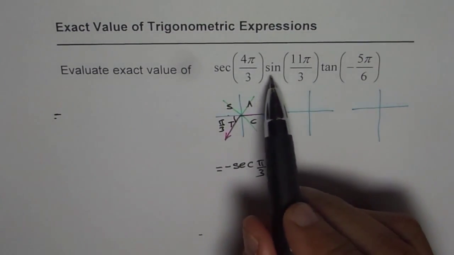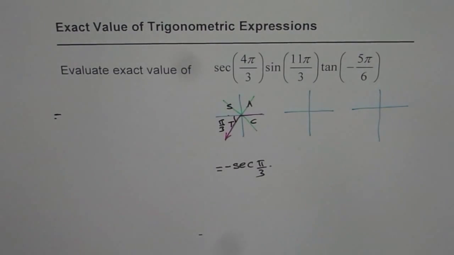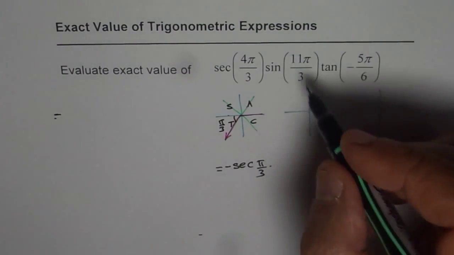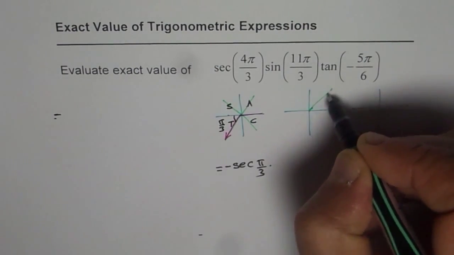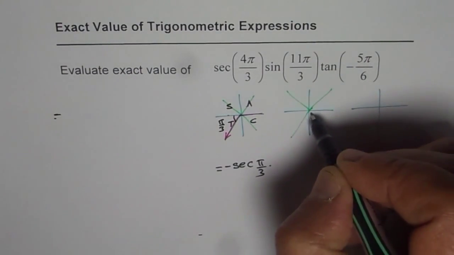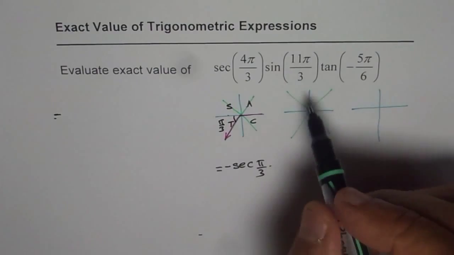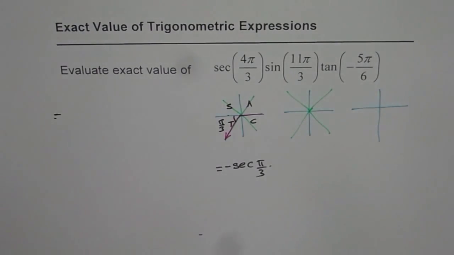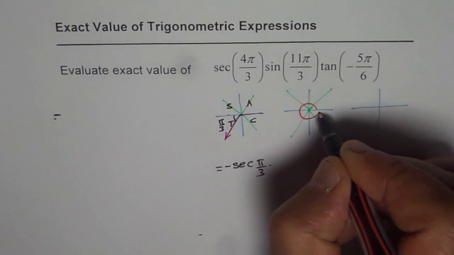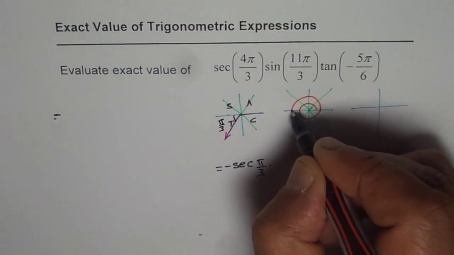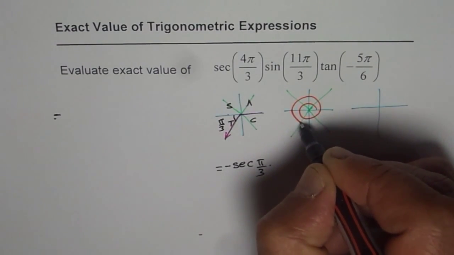The second term, sine 11 pi by 3. That really means that pi is divided into 3 portions, just as we did there. So we quickly divide it like this. 11 means 3 and 3 is 6, 6 and 3 is 9, and 10 and 11.